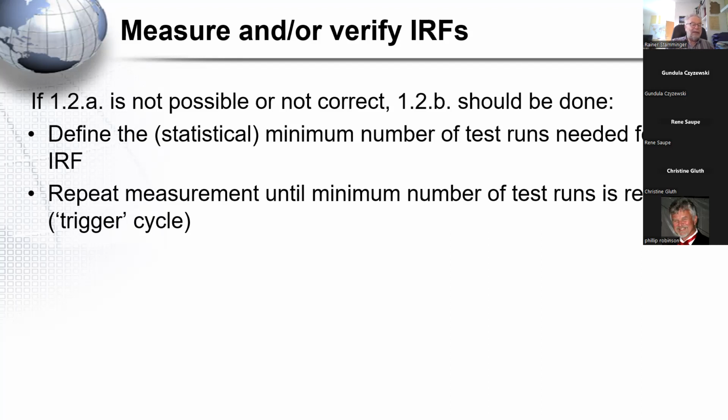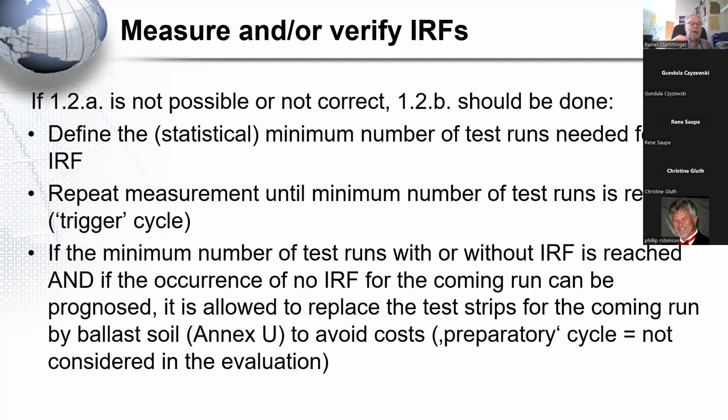And then we can say, okay, now we have, let's say, 3 of those specific cycles where the IRF is triggered. And now we can calculate what is the value of these cycles. But as a consequence of this, we may need to run many runs to get this required number of trigger cycles to happen. So think about the water softener example.